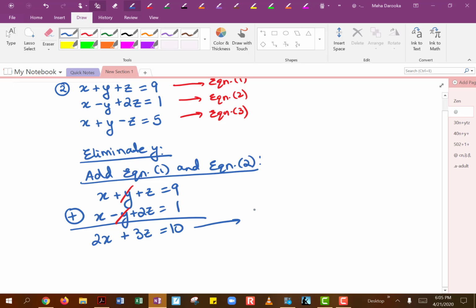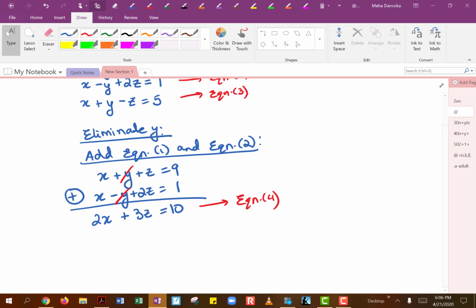Let's call this equation 4. So we've taken our first and second equation and eliminated one of the variables, and you can see this is now an equation with only two variables. Now we want to try and do this one more time.